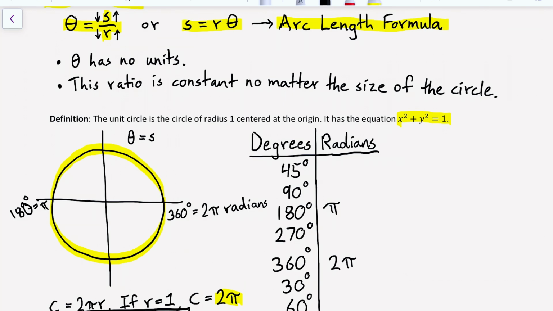So if we cut that in half again, and we look at a 90 degree angle, we will see that 90 degrees equals pi over 2. It's half of 180 degrees, so the radian measure is half of pi.